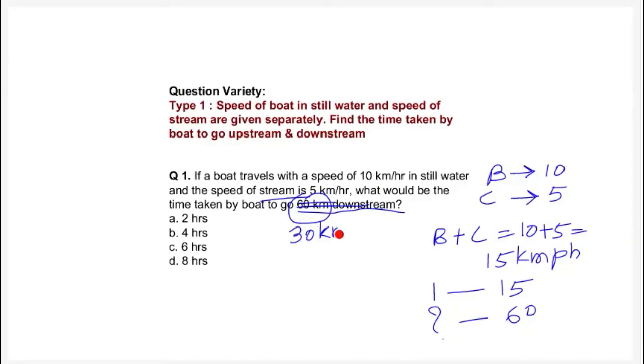Now tell me the answer. Instead of downstream, it is written 30 km upstream. Calculate and tell me the answer.